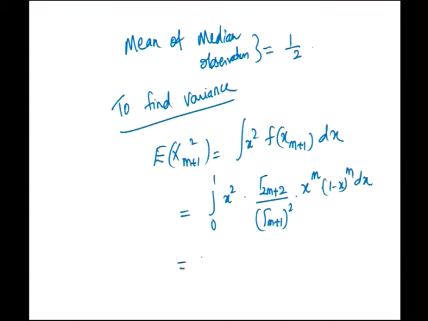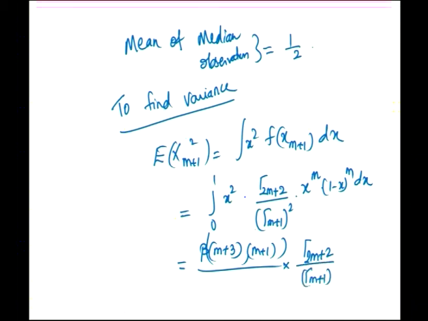Continuing in the same fashion, we will end up with this format: beta of m plus 3 comma m plus 1 into gamma 2m plus 2 by gamma m plus 1 whole square.